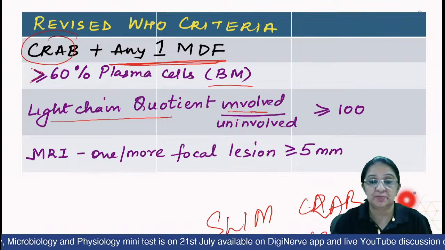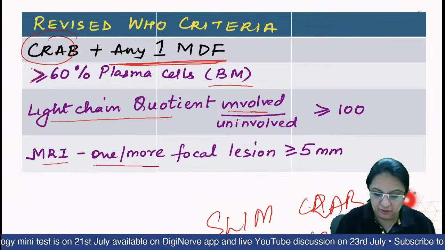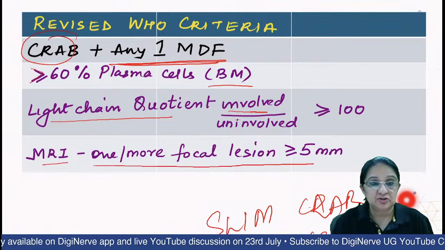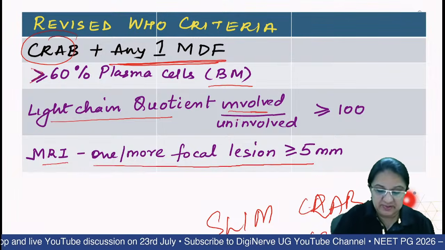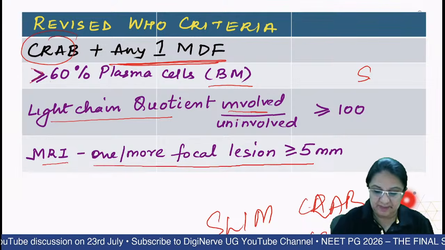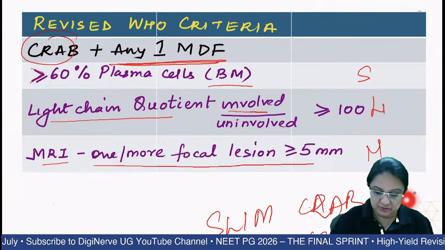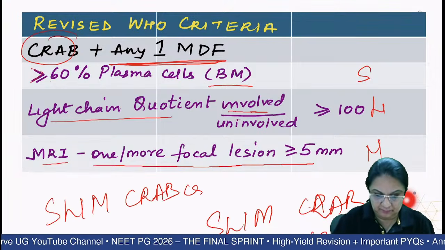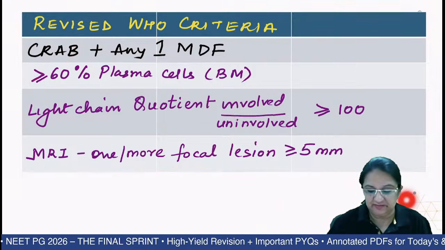Okay, so the ratio should be more than 100. MRI, one or more focal lesions more than 5 millimeter in diameter. So this is the SLiM CRAB. Why do you call it SLiM CRAB? 60 is S, light chains is Li, MRI is M. So this is your SLiM CRAB criteria: CRAB plus any one of the myeloma defining features.